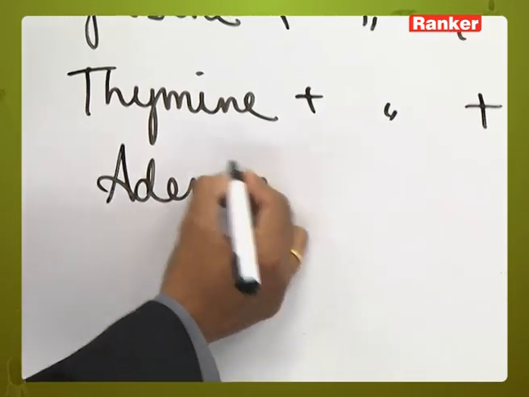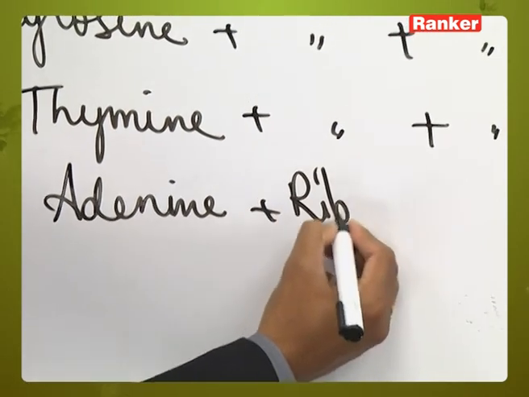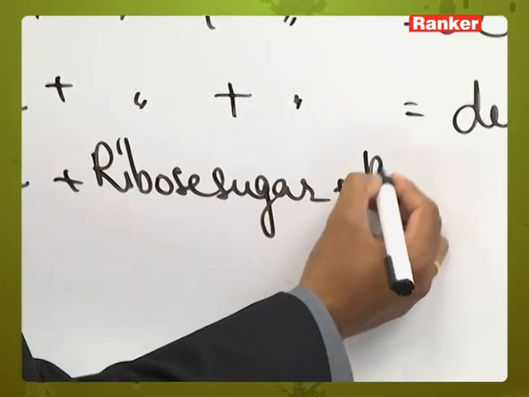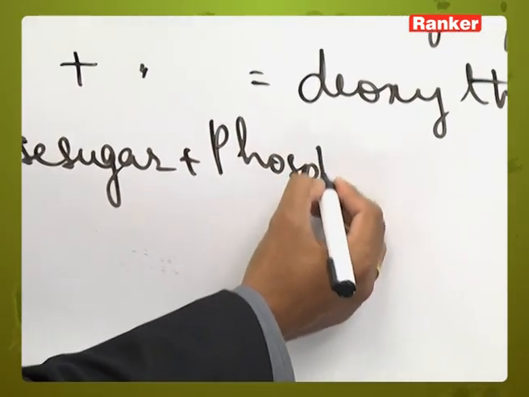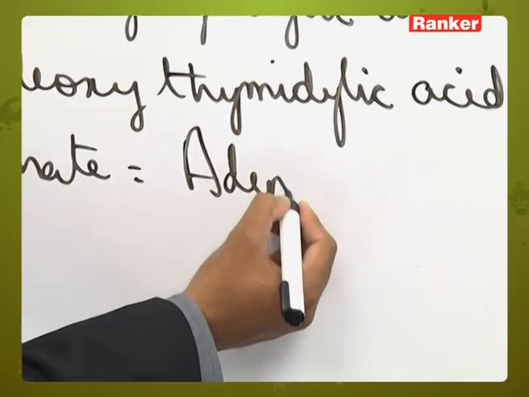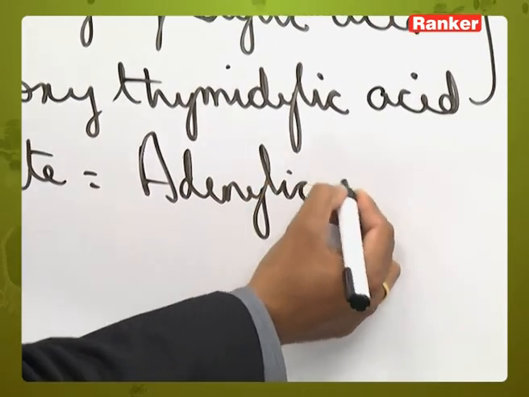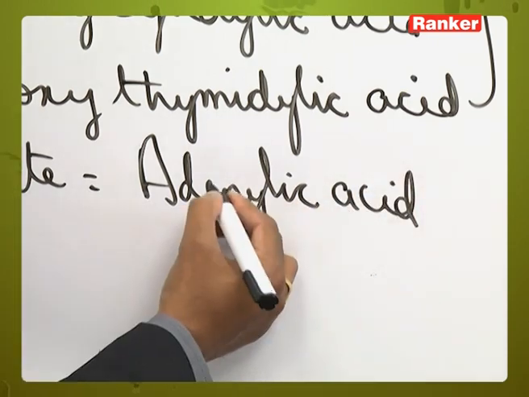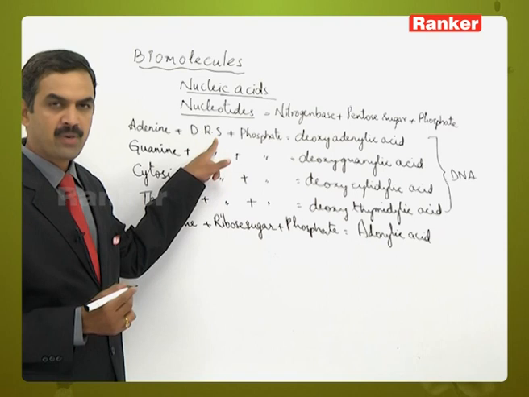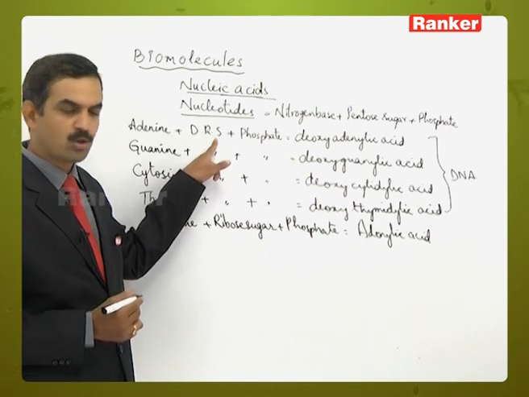Then adenine plus ribose sugar plus phosphate. It is adenylic acid. The difference is only the type of ribose sugar or the type of pentose sugar.